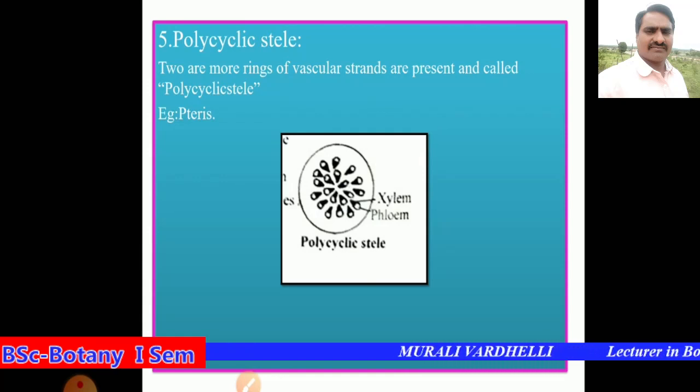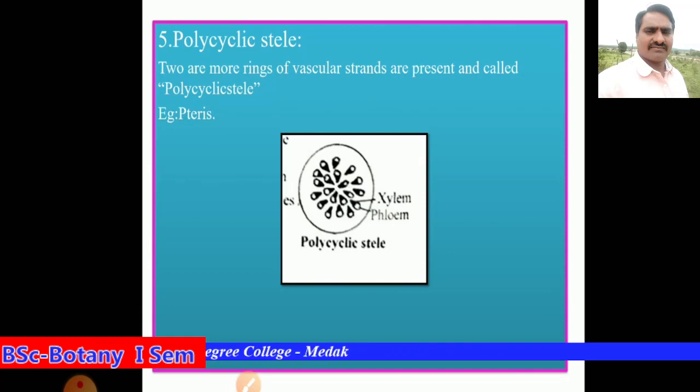Protostele is again divided into how many types? Four types. One is simple protostele, actinostele, plectostele, and mixed stele. In this protostele, the very primitive type is simple stele or haplostele. The advanced type of protostele is mixed stele, right?